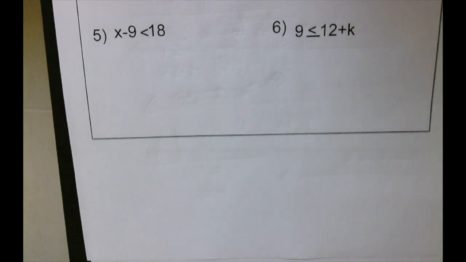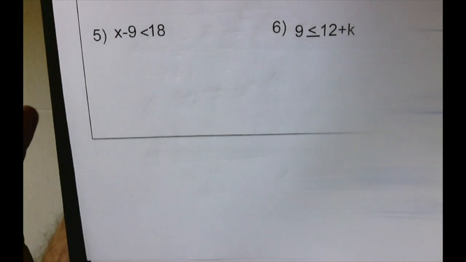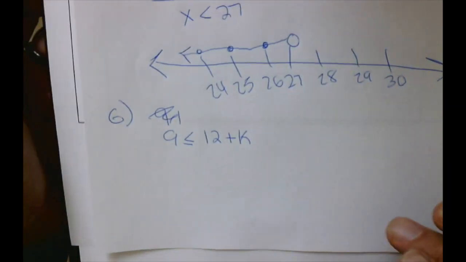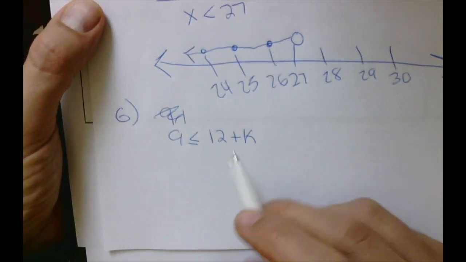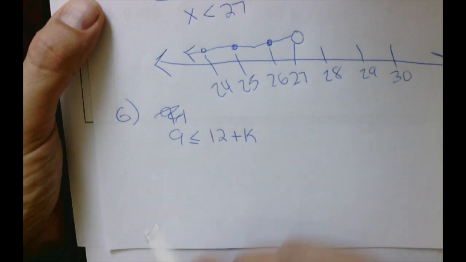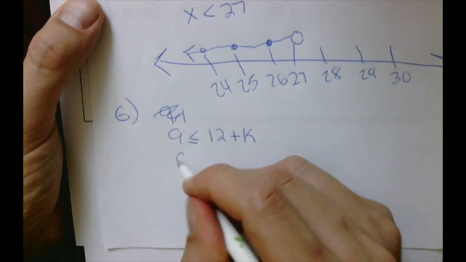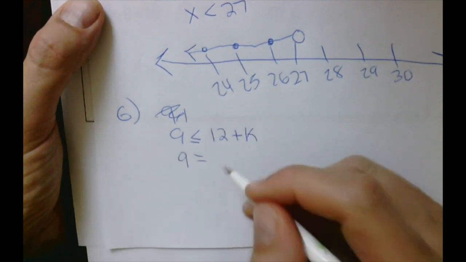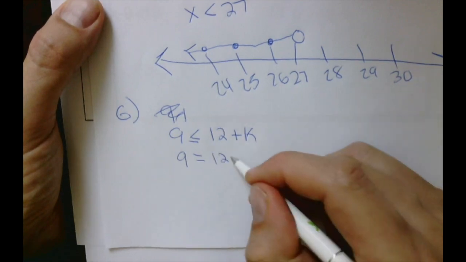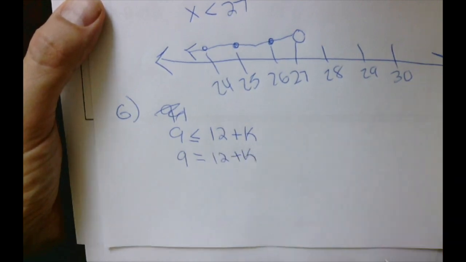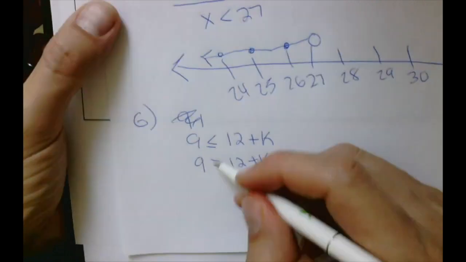Number 6. 9 is less than or equal to 12 plus k. First thing I'll do is turn my inequality symbol into an equal sign. After that, I'll draw a line through my equal sign.